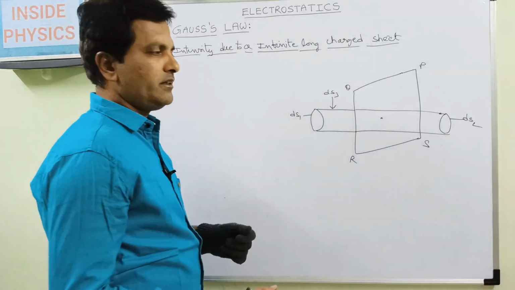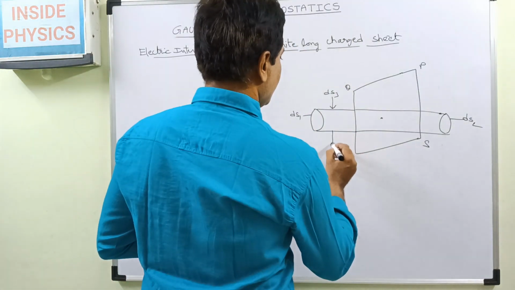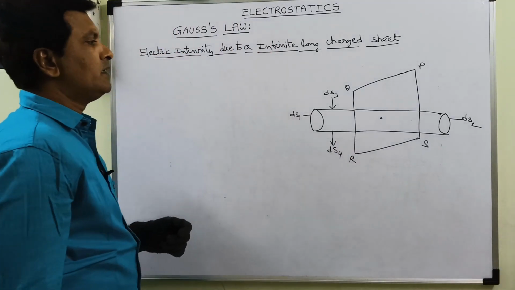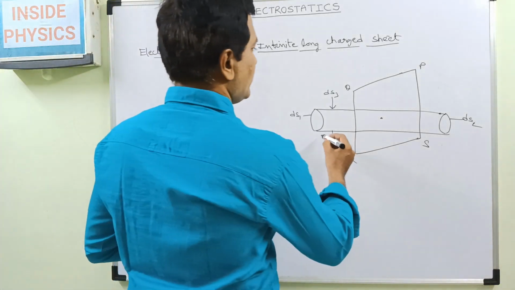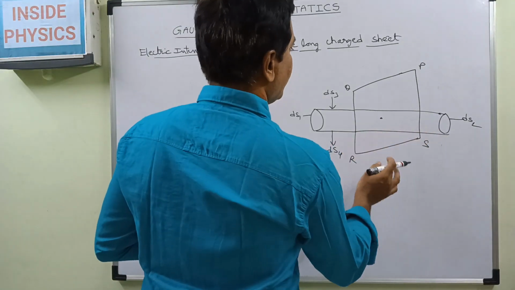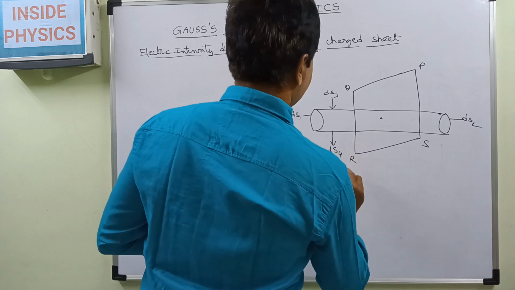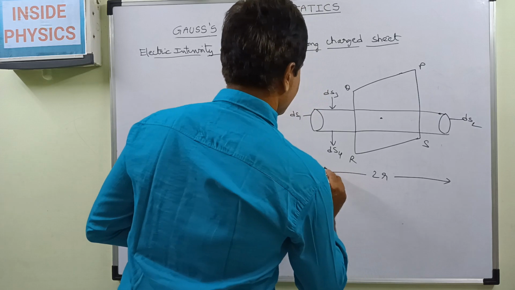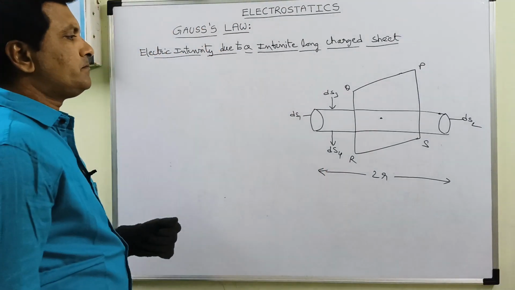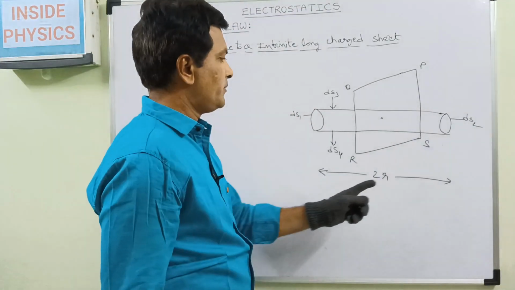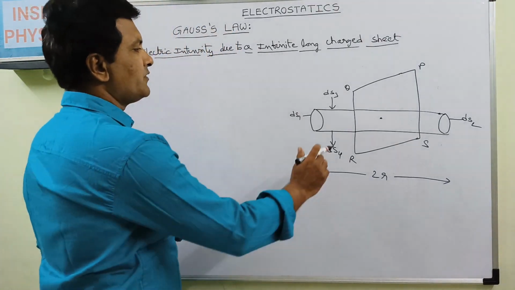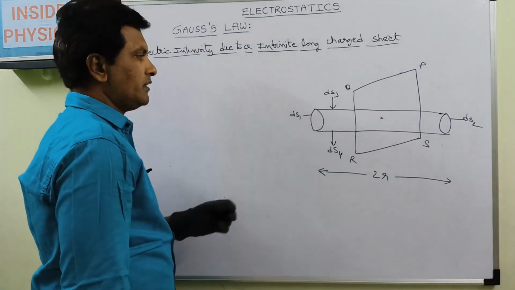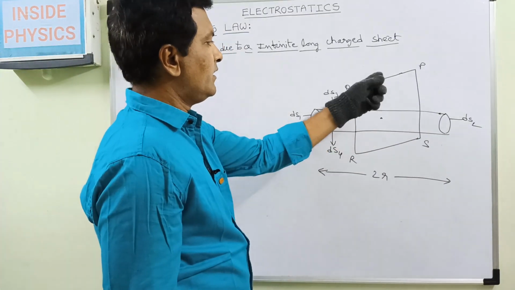After that we will integrate over that surface to get the total electric flux. The length of the cylinder will be 2r from here to here. That means the left side and right side of the cylinder are equal in length from the sheet.